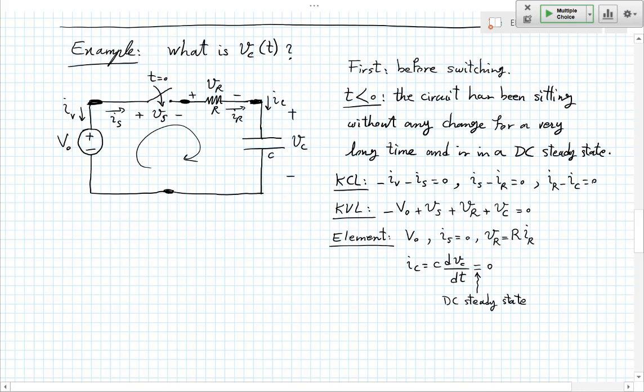If I give you a bucket of water connected to some pipes, and I ask you how much water was in it, you say, well, how do I know? Tell me if you had put anything in it at the beginning, right? So what the circuit tells you is, depending on to what voltage you had charged the capacitor initially, that will determine the voltage that the switch has to see.